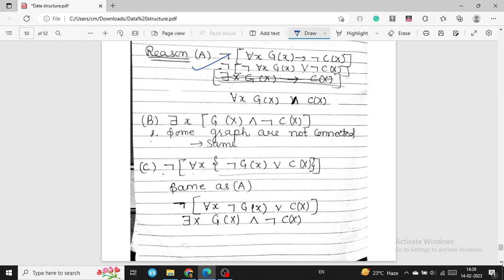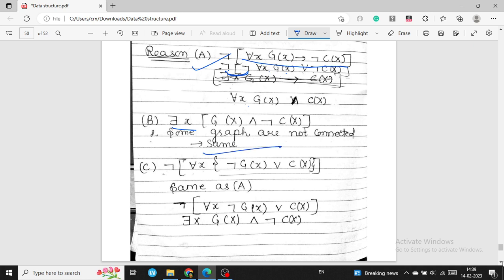We have given the first statement: not for all x, G(x) implies C(x). When we solve this equation, not for all of not G(x) or C(x), the not cancels with not, and we get there exists G(x) and not C(x). Some graphs are not connected.